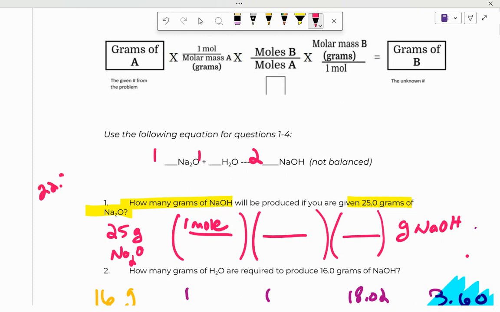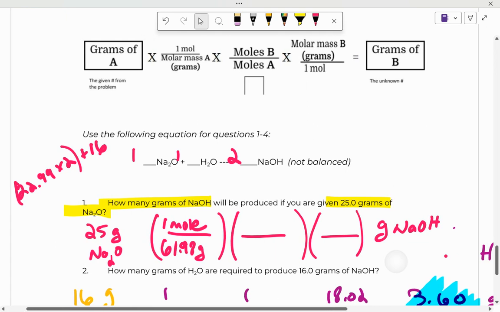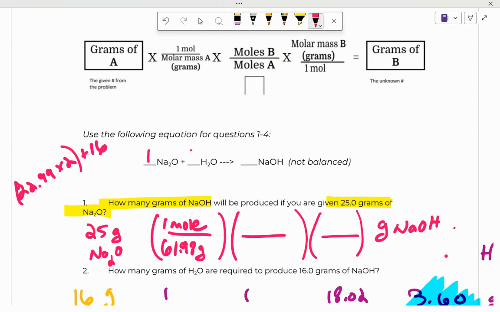So it's 22.99 times 2 plus oxygen, which is 16. 61.98 grams.